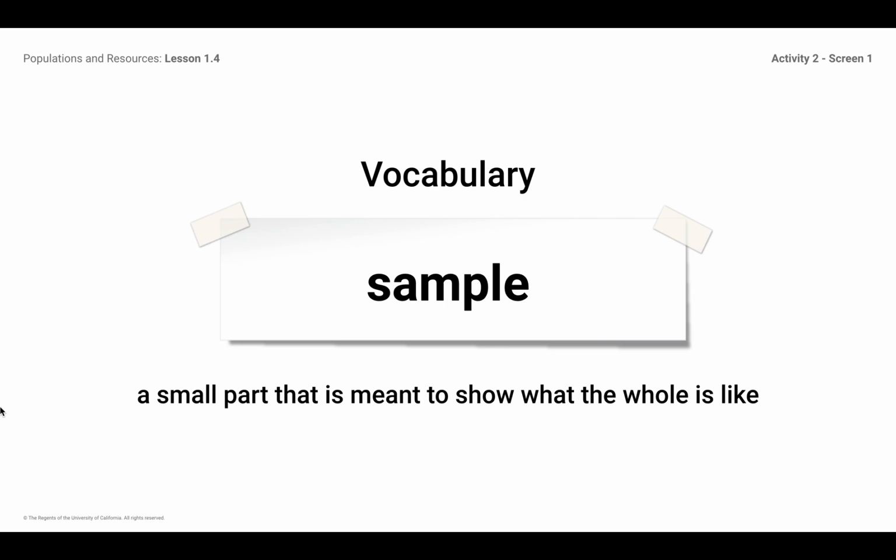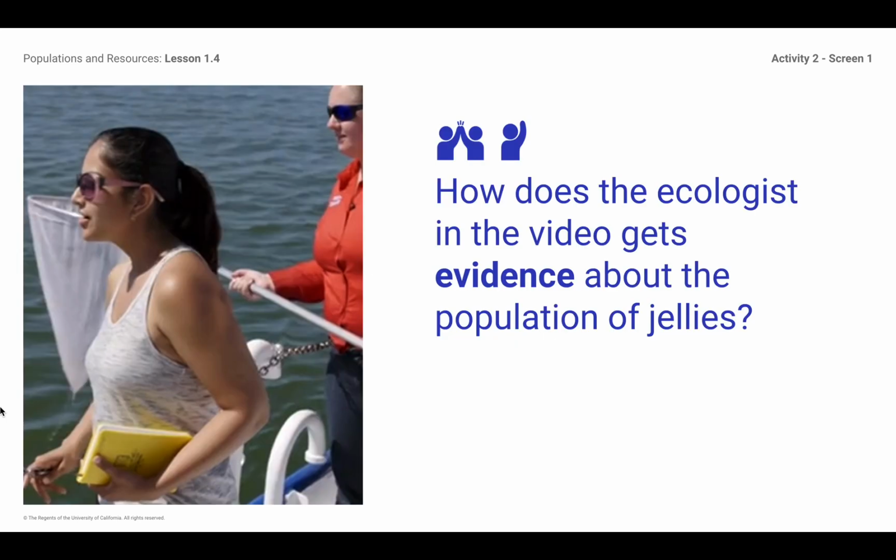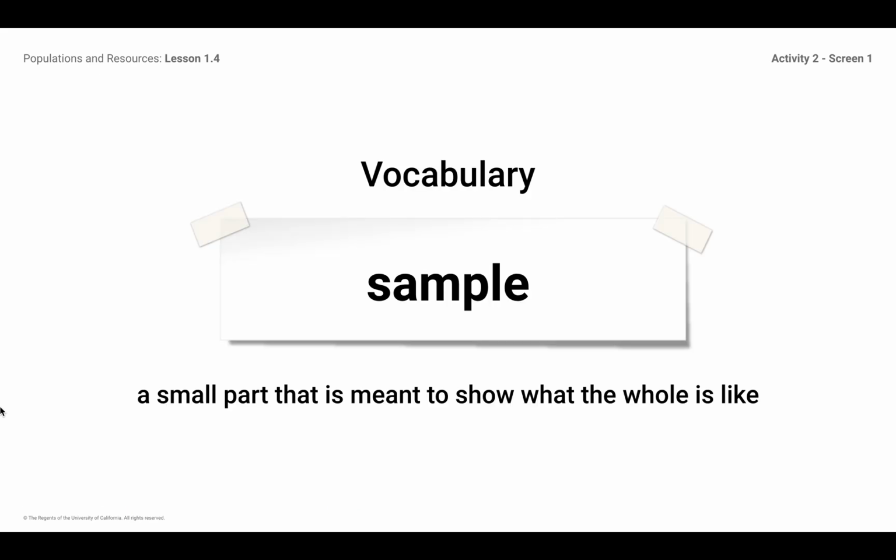There's no way that she could go out on that boat and collect every single jelly and count it and understand what was going on in the population. And then she was talking about even other factors in the ecosystem, the crabs and the fish, and there's no way to count all of them. And so you try and collect what's called a sample to show what the whole ecosystem is like.